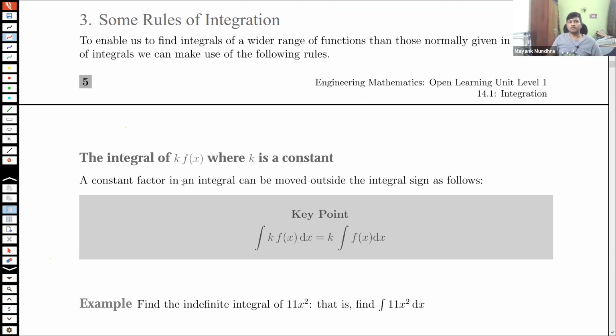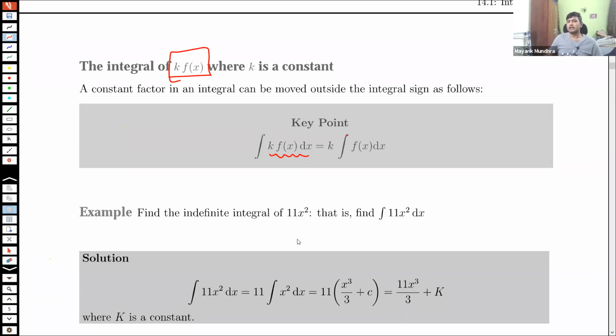So some rules of integration. Integration of k times some function f of x: when you are integrating k times f of x, you can take this constant outside and it just becomes k times integration of f of x. So integration of 11 times x square is just 11 times integration of x square.